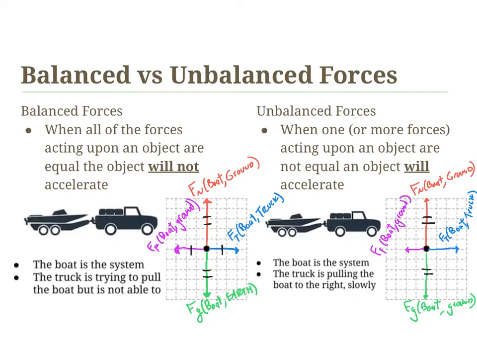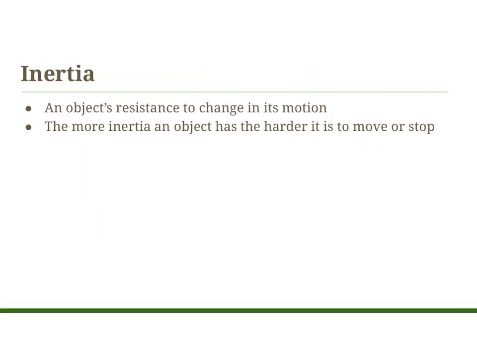So when I put tick marks on this, I'm going to have more tick marks from the truck on the boat than I'm going to have on the friction on the ground. So that indicates to me that the boat is moving or accelerating, and it's accelerating with the truck at the same time. So that brings us up to the idea of inertia.